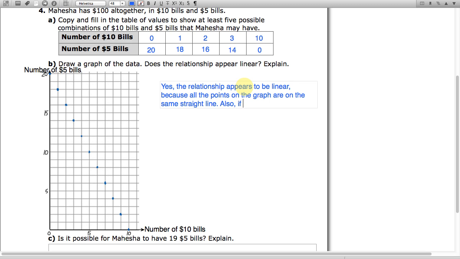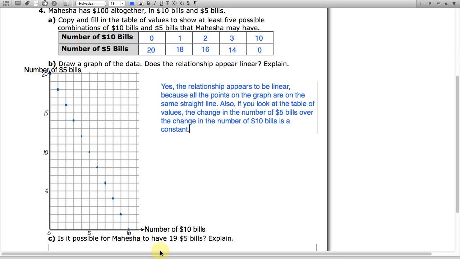Also, if you look at the table of values, the change in the number of $5 bills over the change in the number of $10 bills is a constant.